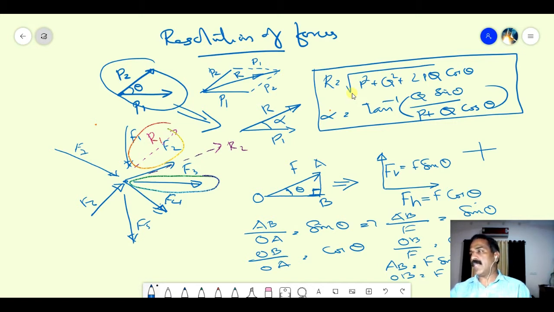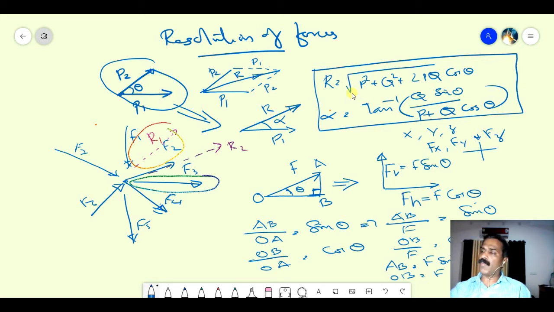If the reference axes are X, Y and Z, then we can write these in terms of X, Y, Z, that is Fx, Fy and Fz. Here I'm going to follow the method of FV and FH, the vertical and horizontal components of the forces. This is the basic.